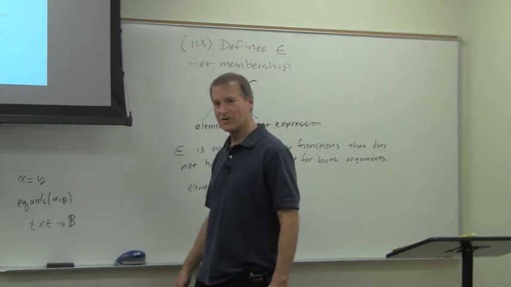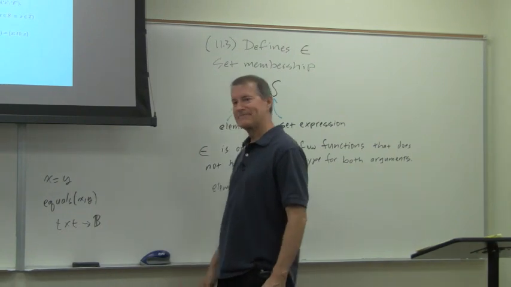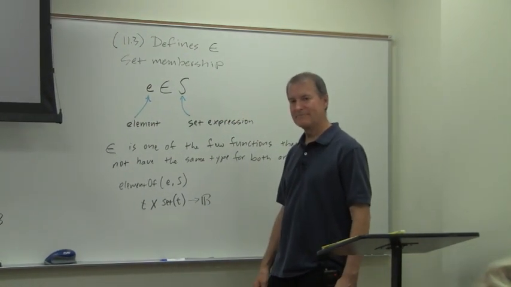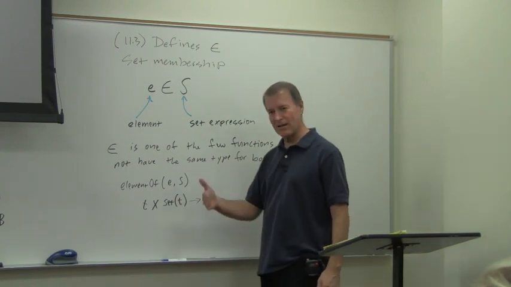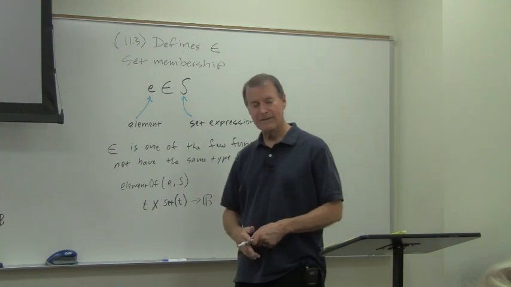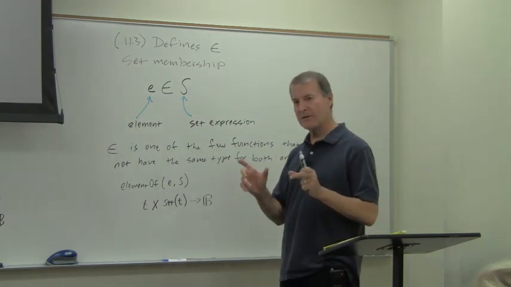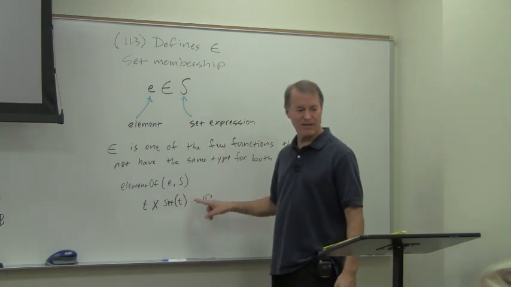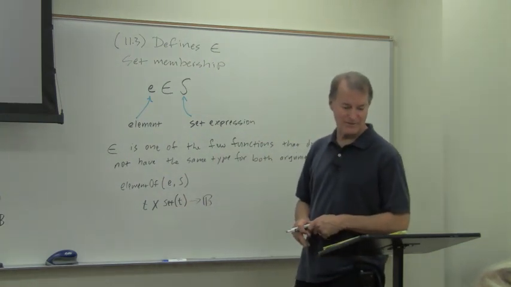So the answer is no. If you think of it operationally, what we apply this theory to, they have to be compatible types. Does everybody understand what's going on here? Okay.